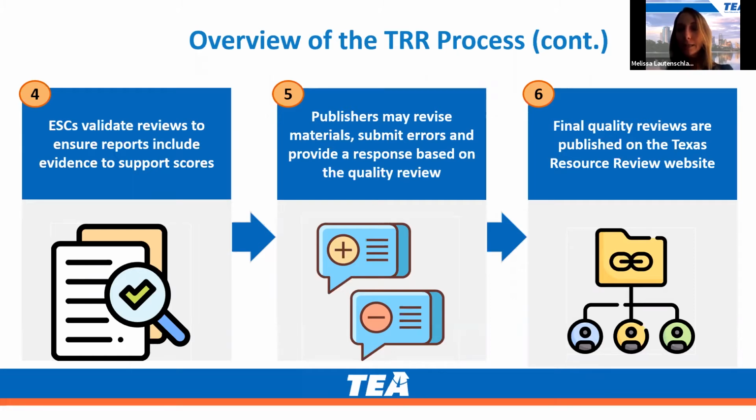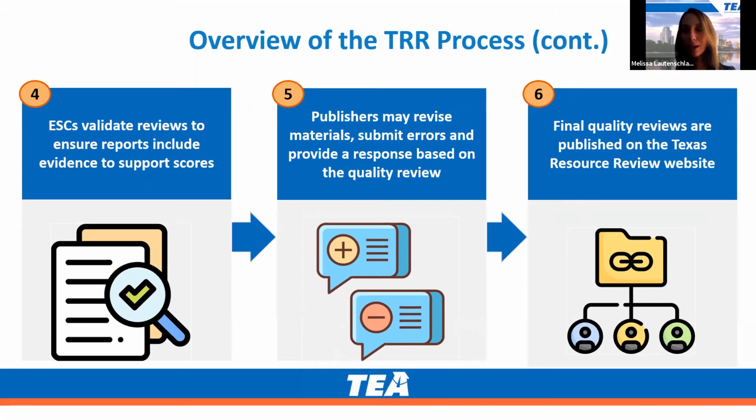We want to make this an opportunity to engage and help publishers understand what the field is asking for and meet those demands in a way that supports what you're looking for as you select materials.